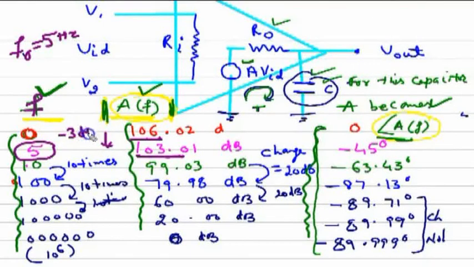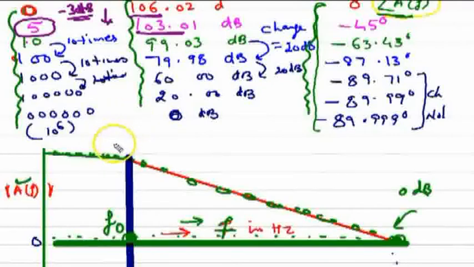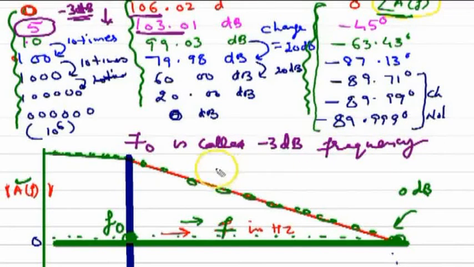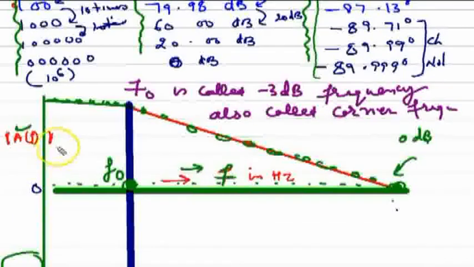Break frequency is that frequency where the gain comes down by minus 3 decibel, so it is called minus 3 dB down. This frequency is also called the corner frequency. This is another name for F naught. The break frequency is also called the corner frequency.